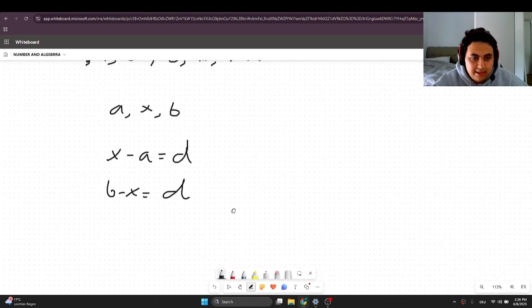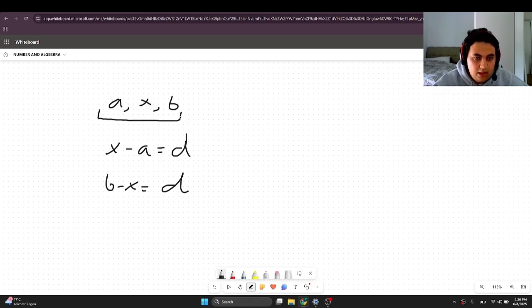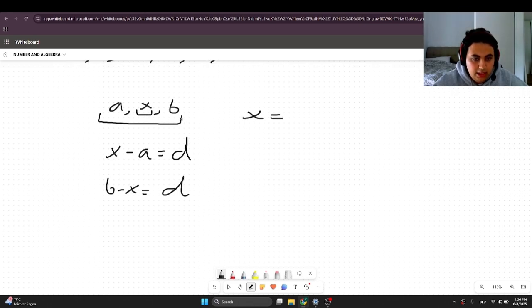Now the second thing is the mean. If you have three consecutive terms here, then the term in the middle is equal to the terms before and after added to each other, so a plus b divided by 2. So the term in the middle is the mean of the term before and after.